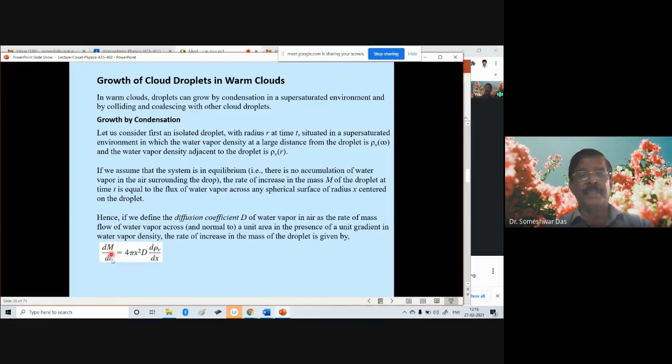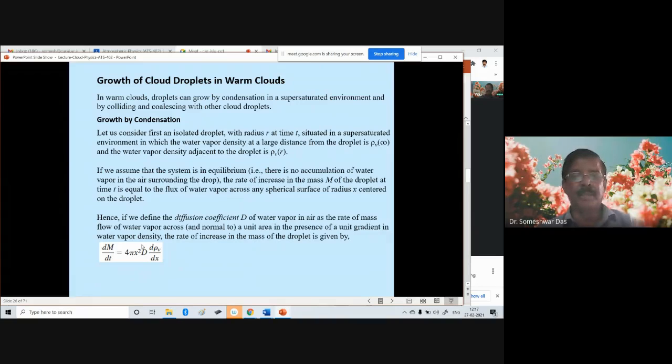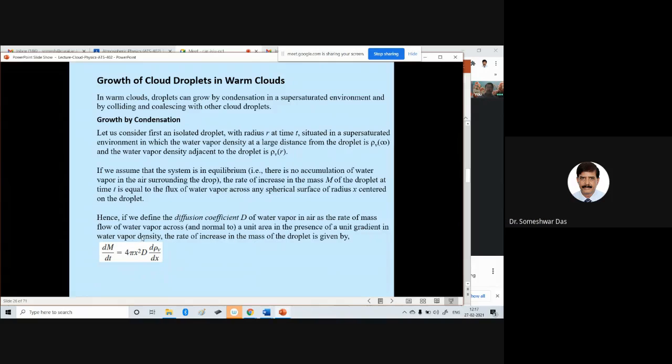Here m is the mass of the water droplet, D is the diffusion coefficient, and 4 pi x square is the cross-sectional area of the spherical droplet. x is the distance, and d rho v by dx is the rate of change of water vapor density with distance. So this is what determines the change in mass of the water droplet with time.